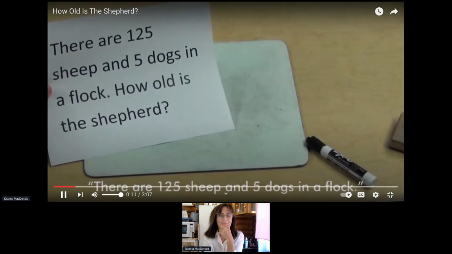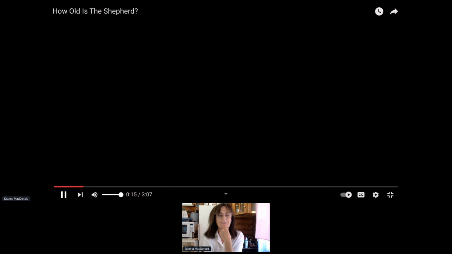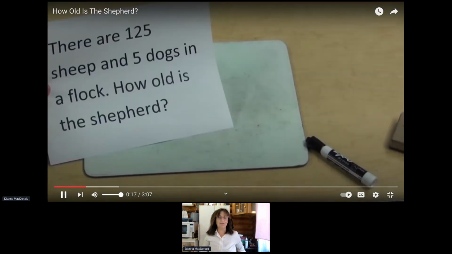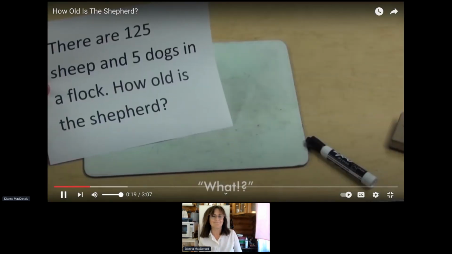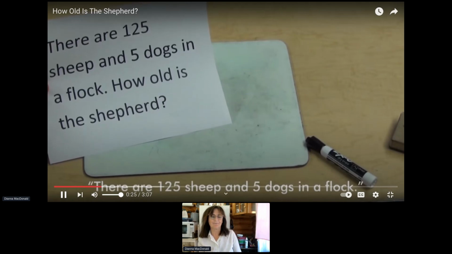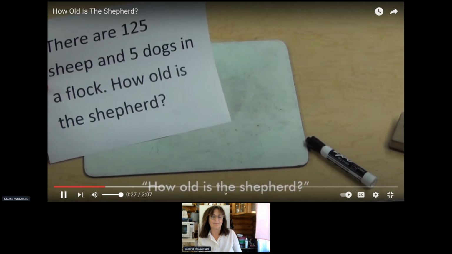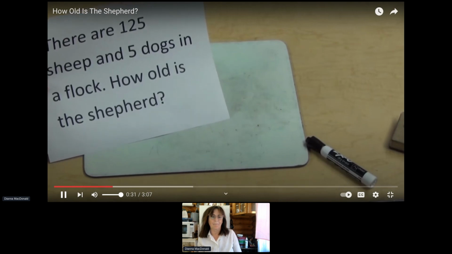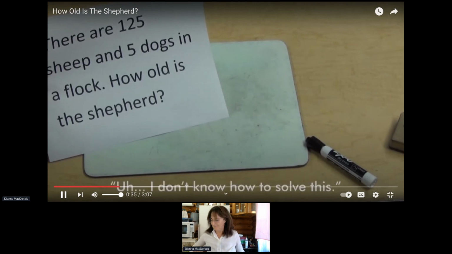There are 125 sheep and 5 dogs in the flock. How old is the shepherd? I don't know how to solve this. Why is that?